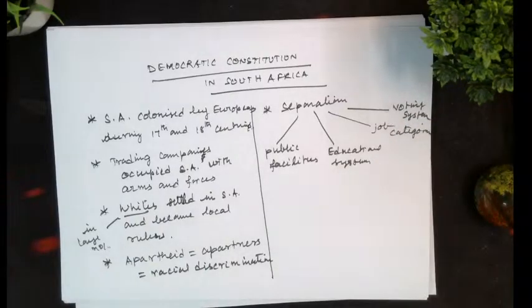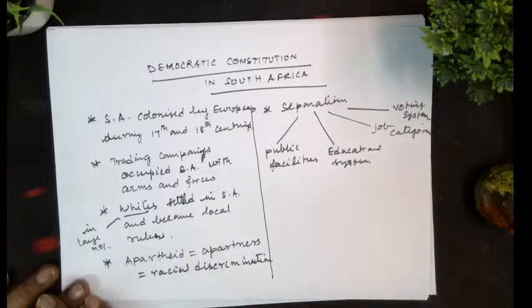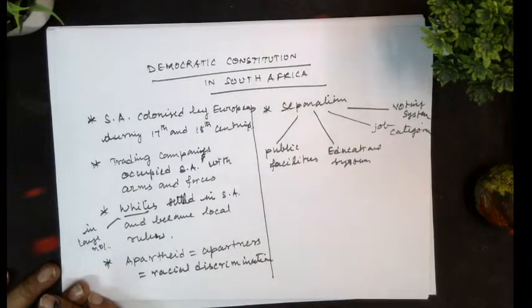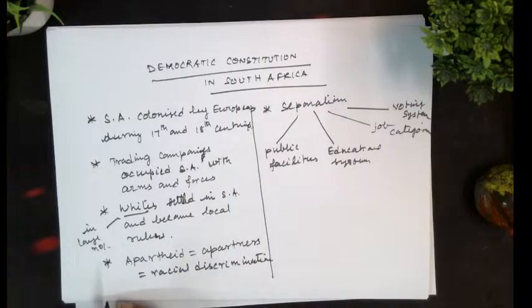They formed different rules for blacks and whites, and thereby they separated the public facilities, education system, job categories, voting system, etc.